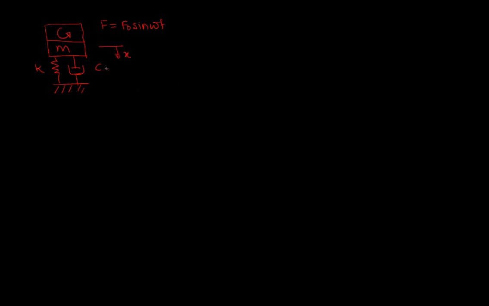Okay, so if I put this, I will now convert that into a simple free body diagram. What is a free body diagram? A free body diagram means I am taking the mass separately. I am now disconnecting the spring, which means that the spring is generating some force like this.